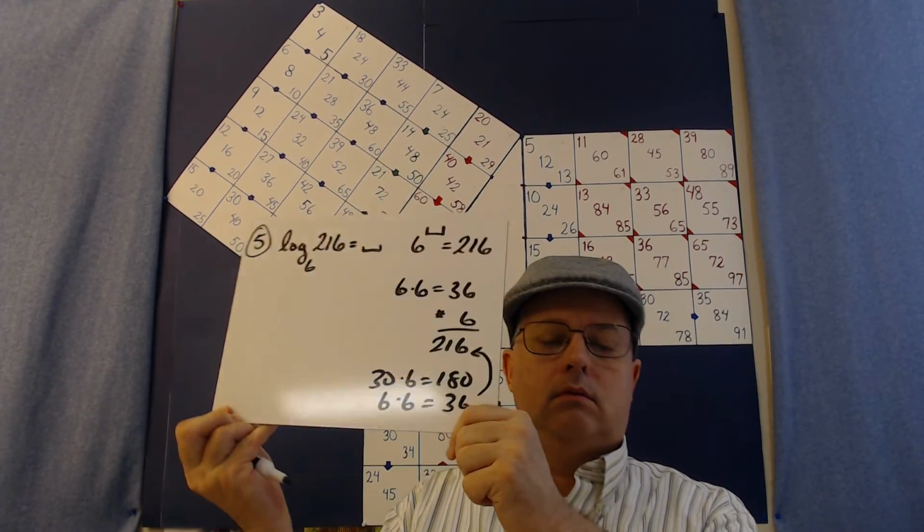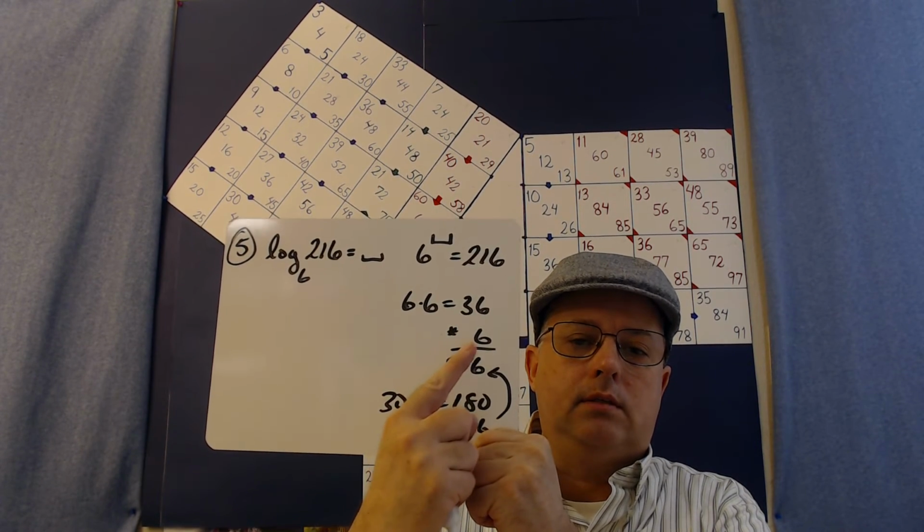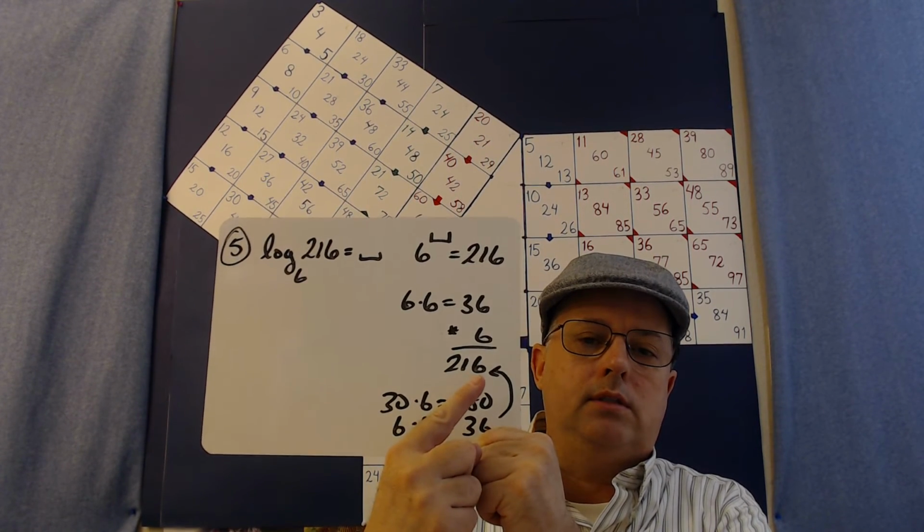And so start multiplying. 6 times 6, that's 36. And then 36 times 6, that's 216. 30 times 6 is 180. And 6 times 6 is 36. And when you add those together, you get 216. See, 6 times 6 is 36. And 36 times 6 is 216.